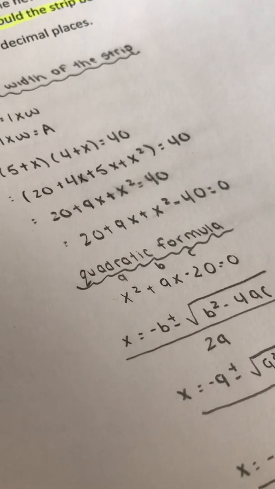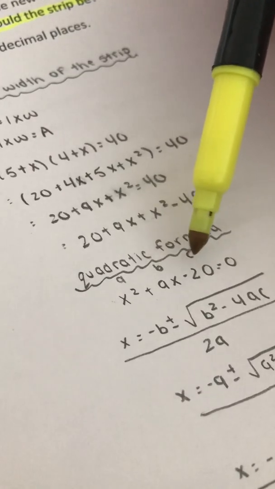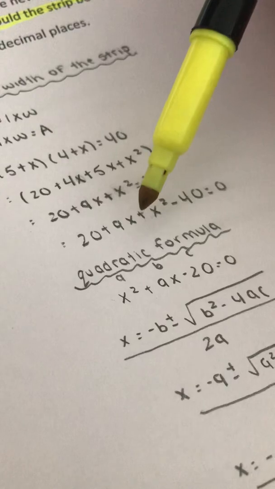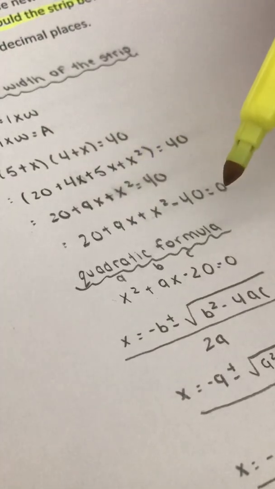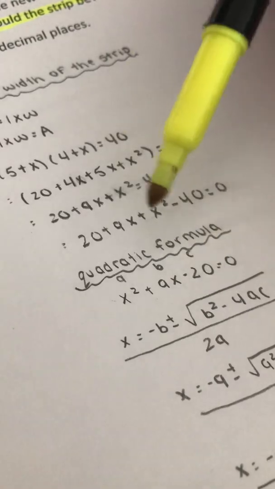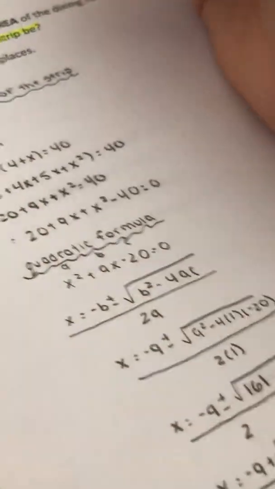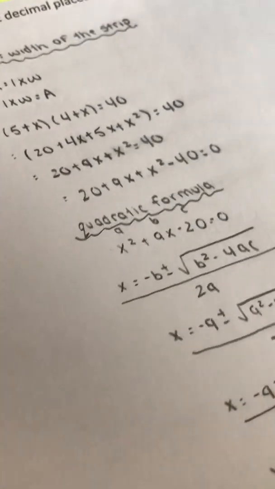For standard form, the new equation is x squared plus 9x minus 20 equals 0, because I did 20 minus 40, which is negative 20, and 9x in the middle. And then you need to solve for x.